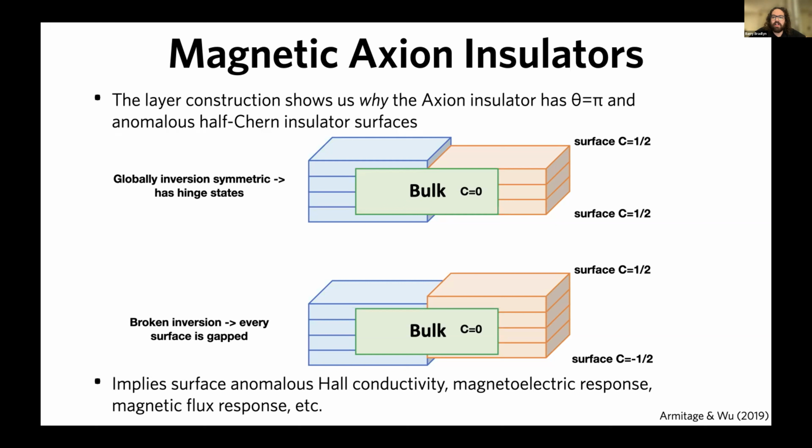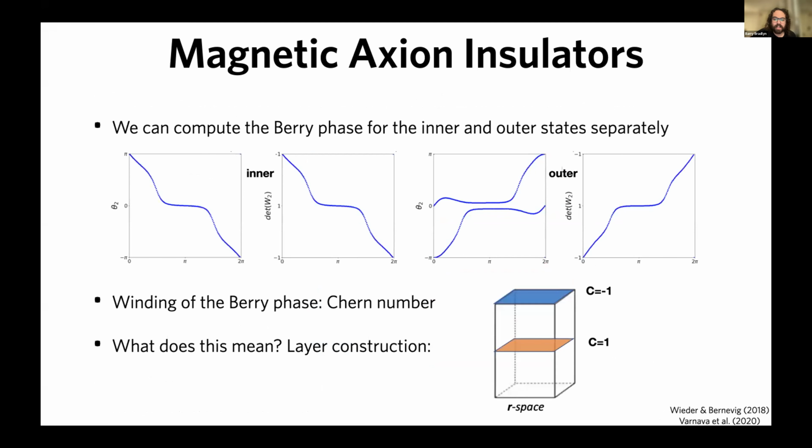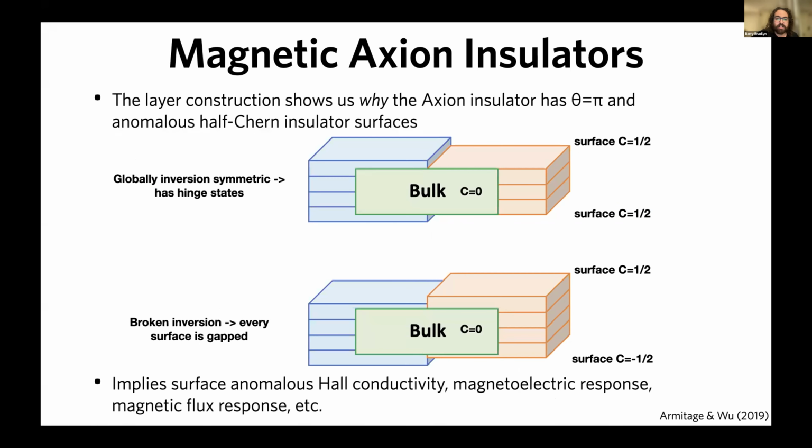And each half unit cell gives me a contribution to the surface Chern number of a half. The bulk has Chern number 0. And this electromagnetic theta angle, theta equals pi, is really telling me about the polarization of Chern number in the unit cell. If I pick my origin at 0, I have Chern number 1 at 0. So 1 times 0 plus minus 1 times a half. So I have a Chern number polarization of a half. And that is what gives me this surface half Hall conductivity.